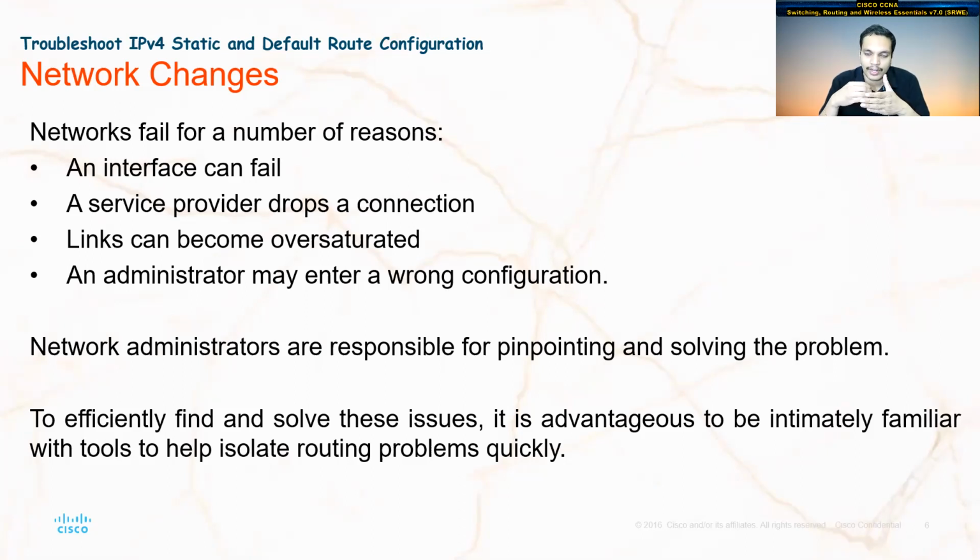It is the job of the network administrator to be responsible for pinpointing and actually solving the problem. It is up to the network administrator to get the network up and running again. So to efficiently find and solve these issues, it is advantageous to be intimately familiar with tools to help isolate routing problems quickly.